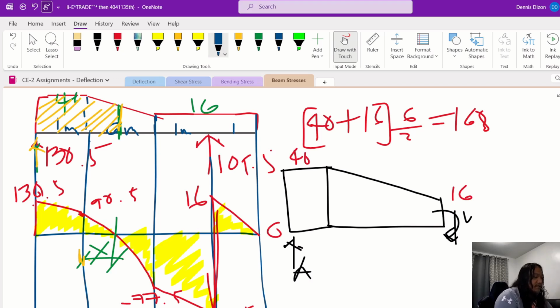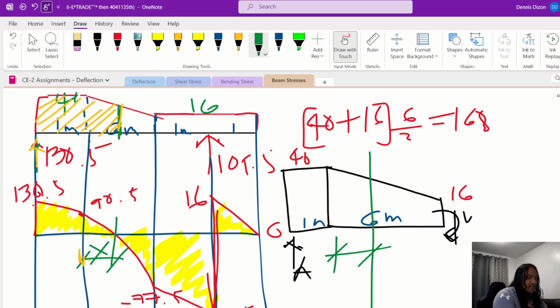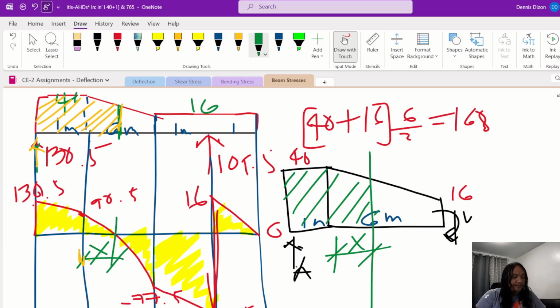Now the distance, this is 1 meter, this is 6 meters. All we have to do is get the distance x. Our unknown is basically this one. What is this distance, so that the total of this force is equal to the reaction?